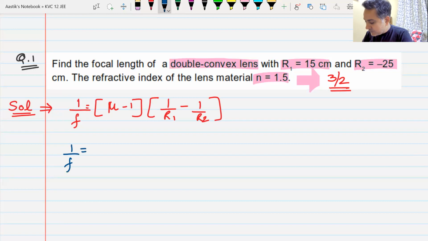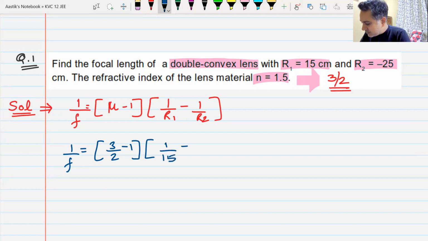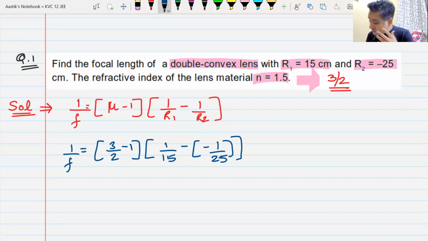I put the values. 1/f, the value of mu is 3/2, so 3/2 minus 1. Then I see what is the value of R1 and R2. They have given them with sign, so I don't have to worry about this. 1/15 minus 1/25, and I hope you can calculate this small thing. 3/2 minus 1 is half.